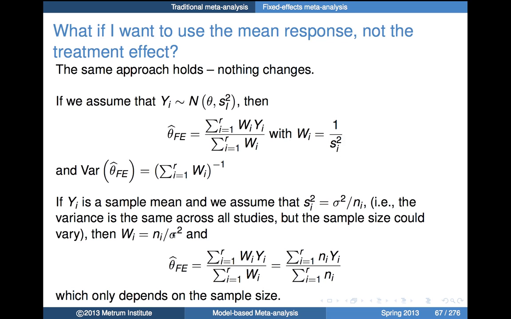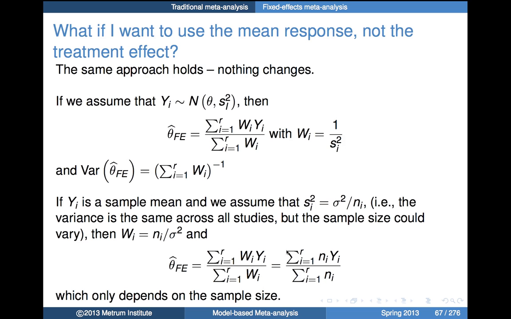And then if we plug those values into our equation for the fixed effects estimator, we see that the constant sigma squared cancels in the numerator and denominator, and what we're left with is simply an estimator based only on sample size, specifically the sum of the n i's times the means divided by the sum of the n i's.